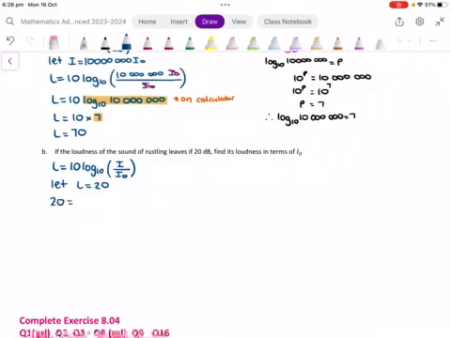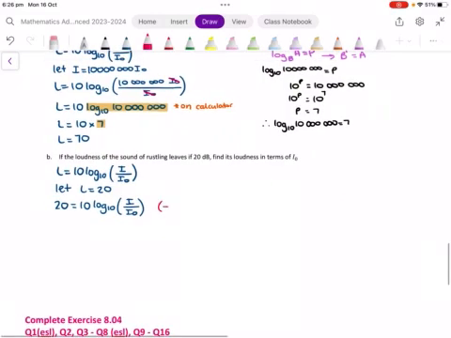So we will have 20 equals 10 log base 10 of I over I0. Now we want to get rid of that 10 out the front, so we're just dealing with a log. So we divide both sides by 10. 20 divided by 10 is 2, equals log base 10 of I over I0.